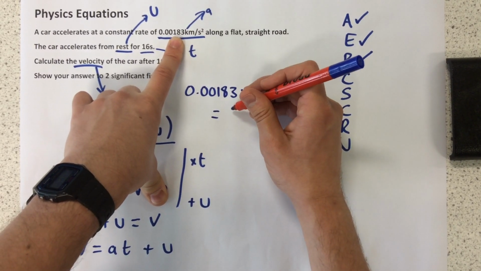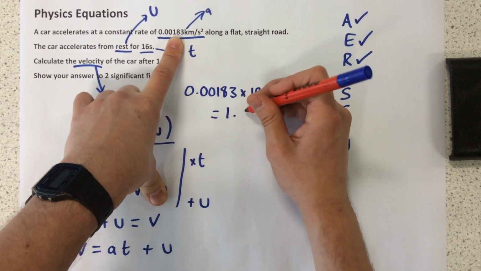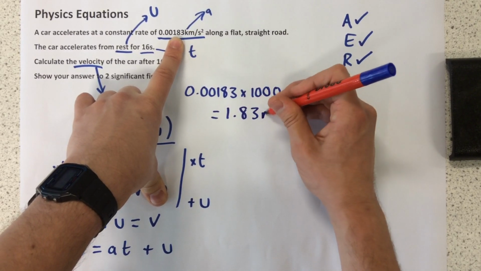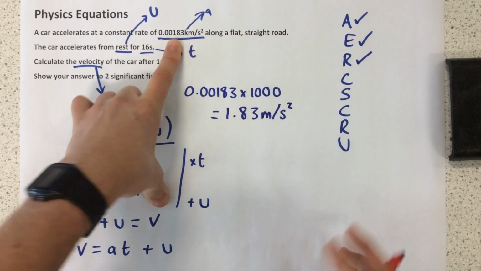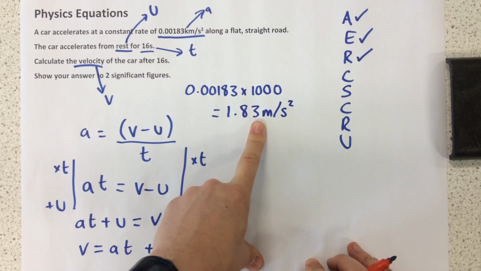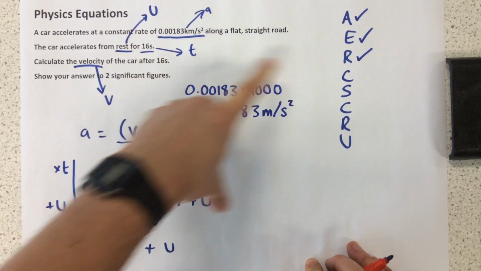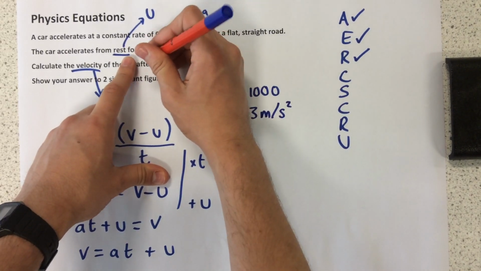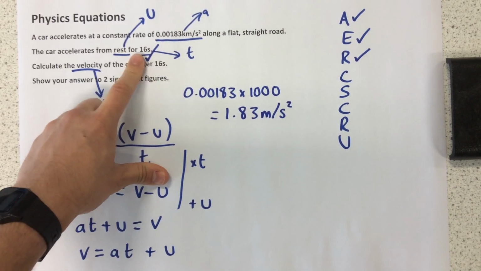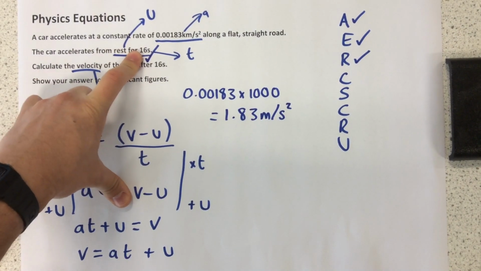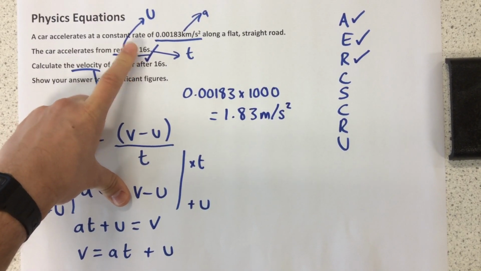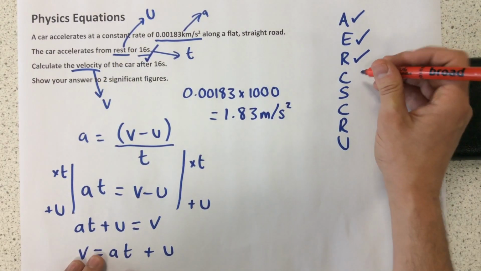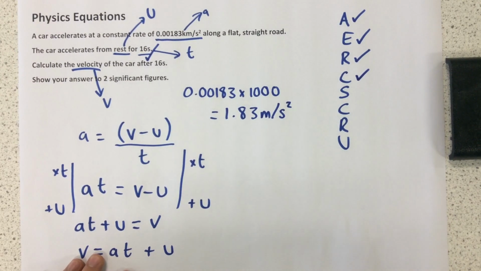So this equals 1.83 meters per second squared. Okay? Now, what's also important when I'm converting is if I do not need to convert anything, I'm just going to put a little tick by this to show that I've actually considered whether it needs converting or not. So that's my converting done. I tick this off on the right-hand side.